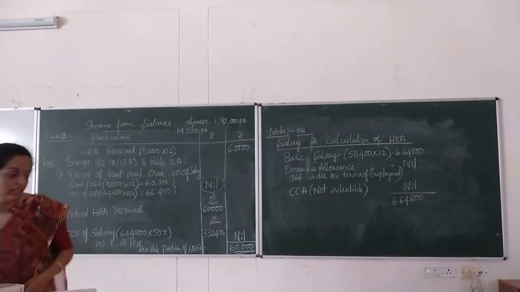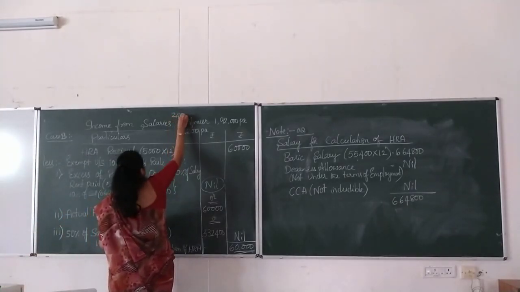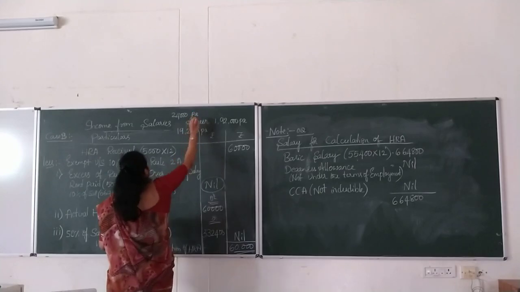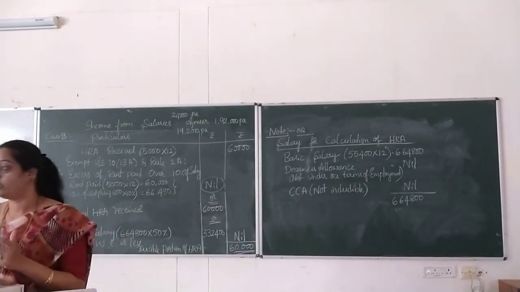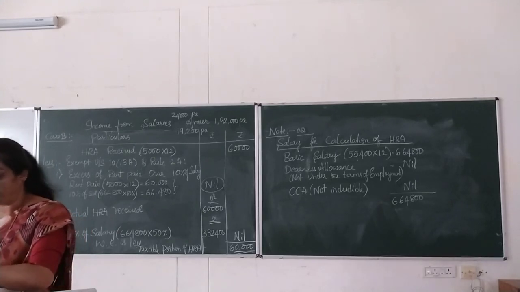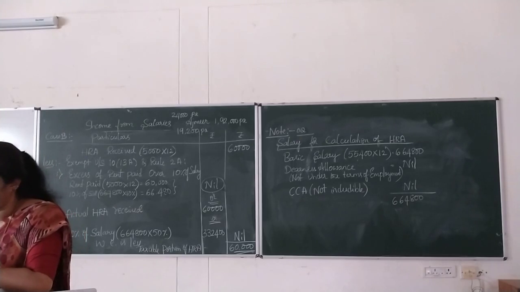Now, they have given per annum, so we don't need to calculate per month. 24,000 per annum as HRA, sorry, as HRA.